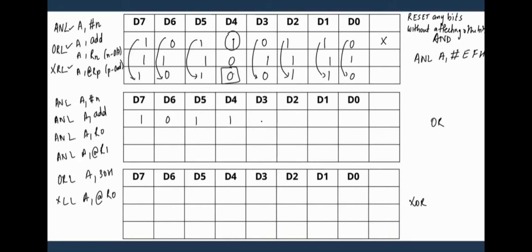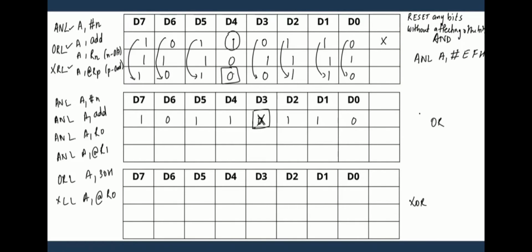Okay, so now let's move to the OR instructions. I am taking the same number, 10110. Then I want to set the particular D3 bit. It initially has 0 in that bit, and we want to set it. Then what should you do? It can be 0 or 1; in both cases we want to set it.